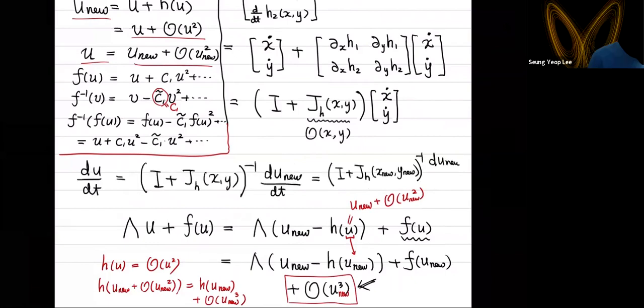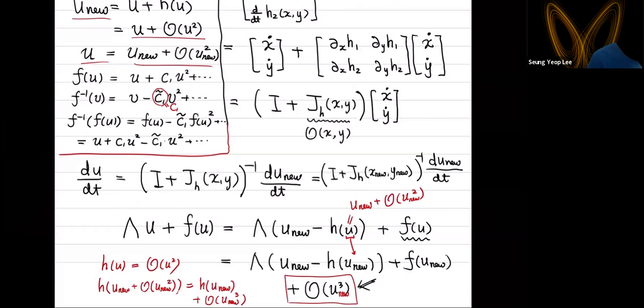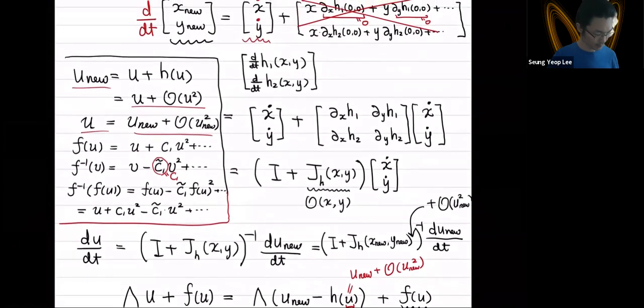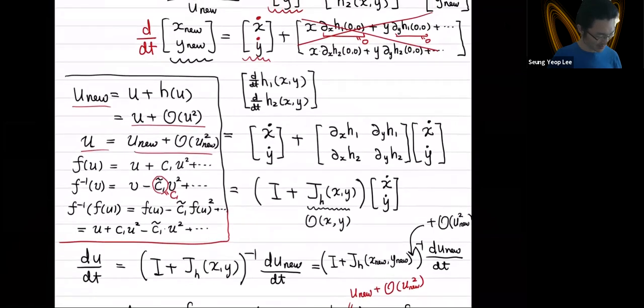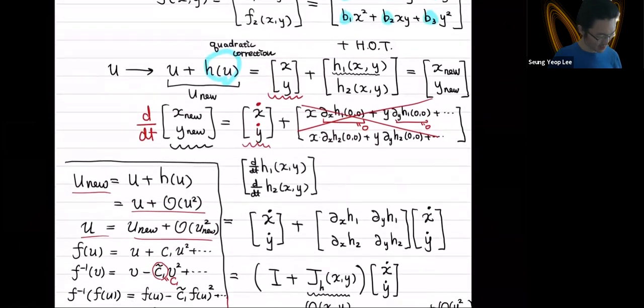And then by this change, there's some correction, and the correction is plus O of u squared. So up to squared, you can change. Okay, so I think I changed the left-hand side and the right-hand side.